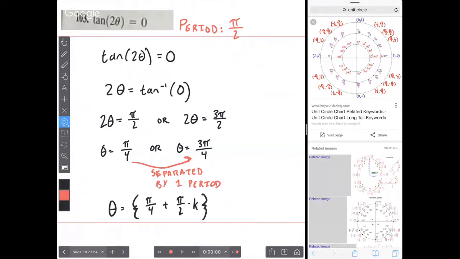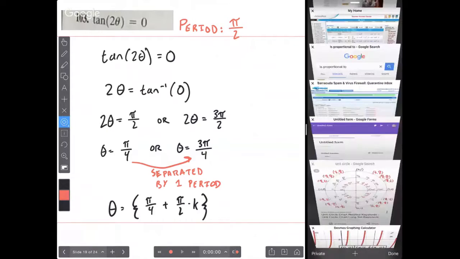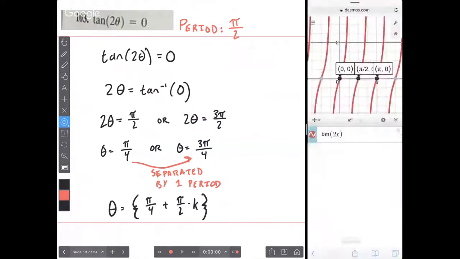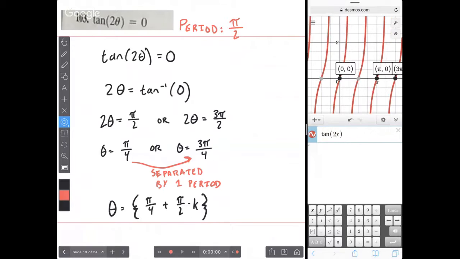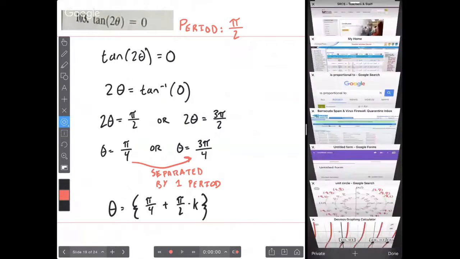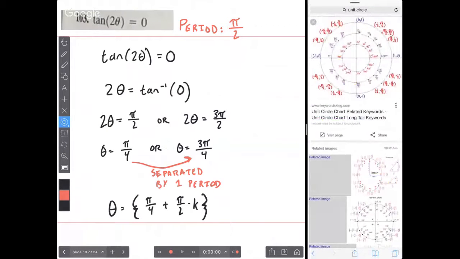Oh, I was looking at x equals 0. My bad. I mean, y equals 0. That's all bad. Sorry, everybody.